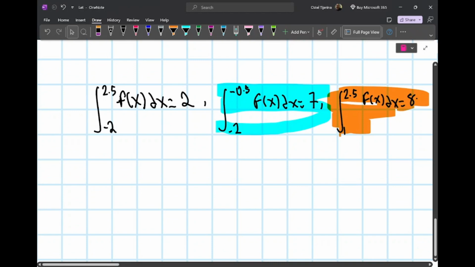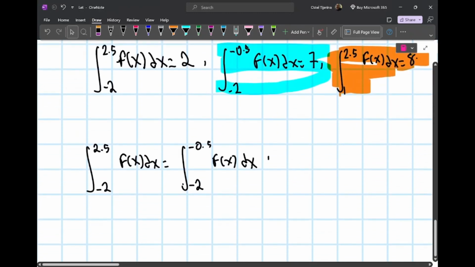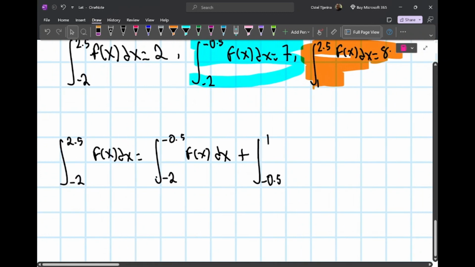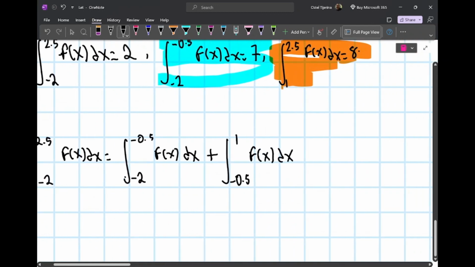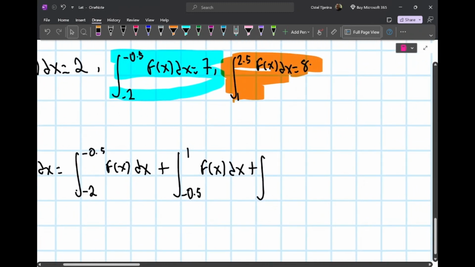If you look very carefully, we know that the integral from -2 to 2.5 of f of x dx is really going to be equal to the integral from -2 to -0.5 of f of x dx, plus the integral from -0.5 to 1 of f of x dx, plus the integral from 1 to 2.5 of f of x dx.